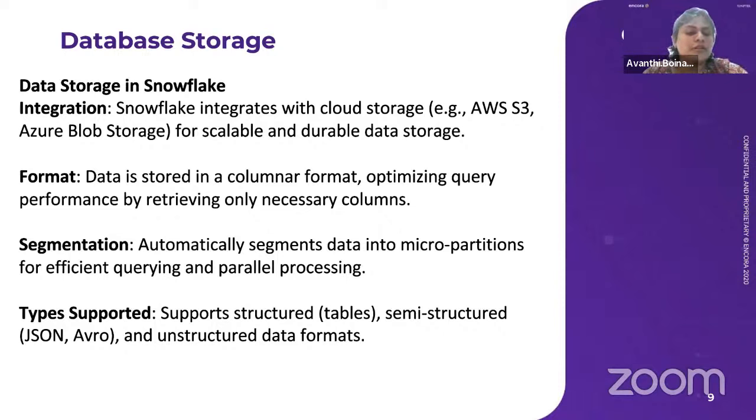First we should concentrate on the format. Once the format is done accordingly and data is stored in a columnar format, it can be retrieved with only the necessary columns.